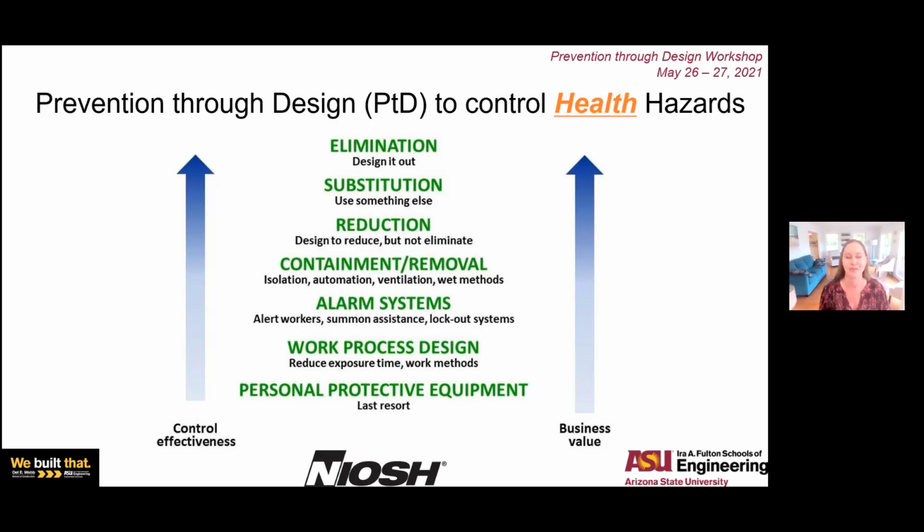And of course, at the bottom, we have our personal protective equipment, which we're all trying to not use. So the goal of prevention through design is to reduce or eliminate those hazards so that we don't have to rely on personal protective equipment for workers.